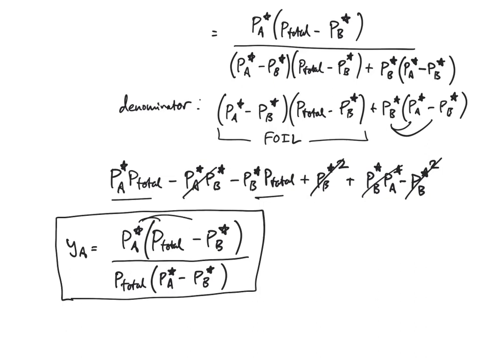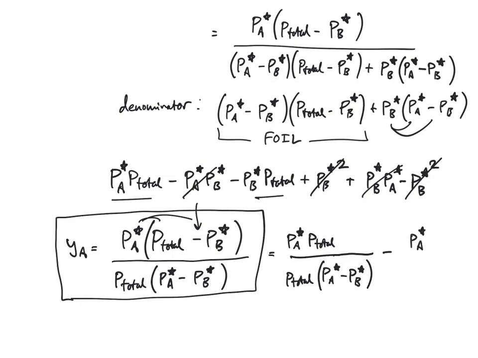So I'm going to distribute out that variable there, and then I'm also going to separate out this subtraction here. And so this whole thing is going to equal PA star times P total divided by P total, PA star minus PB star, minus PA star times PB star divided by the same thing, P total, PA star minus PB star.